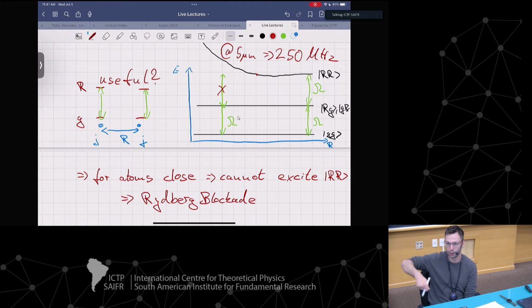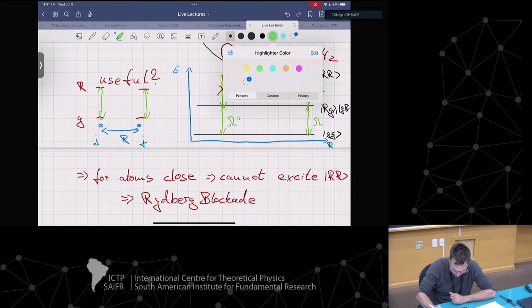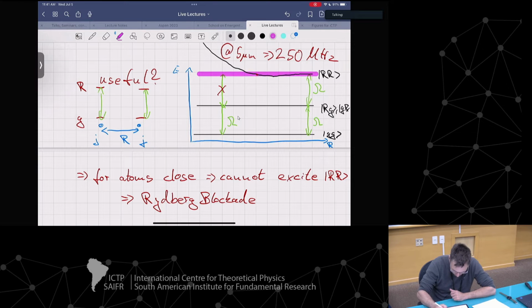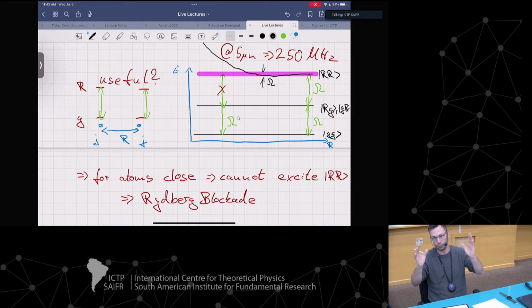Maybe for this blockade radius, just to put in the numbers, of course, when you drive an atom, the harder you drive, you can think of your drive almost like having some spread. If I drive very hard, I can also drive things that are off resonant. Basically, I'm power broadening. I have this spread of omega.